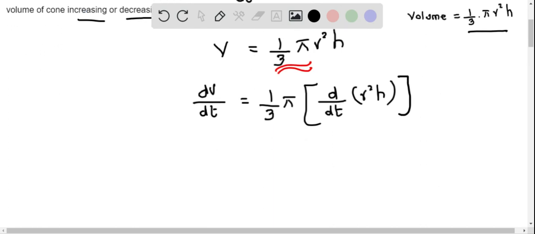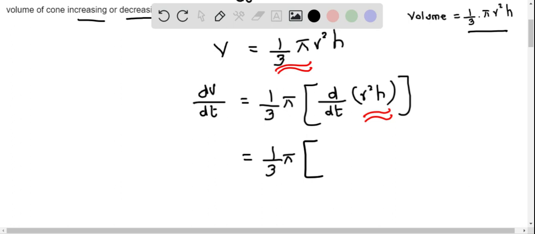Let's continue finding the derivative on the right side. Since we want to find the derivative of r squared h, we can apply the product rule over here. So let me write down this 1/3 pi, and then I keep one of the variables as constant, multiply with the derivative of the other, plus I keep the other as constant and multiply with the derivative of the first.